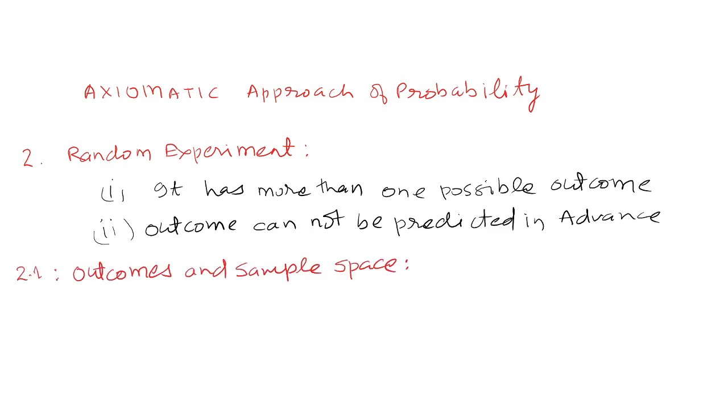Topic 2.1: Outcomes and sample space. The set of all the outcomes of a random experiment is called the sample space of the experiment, and each outcome is called a sample point. So if we have thrown a die, then all the outcomes are 1, 2, 3, 4, 5 and 6.